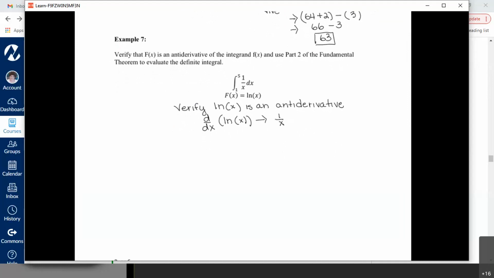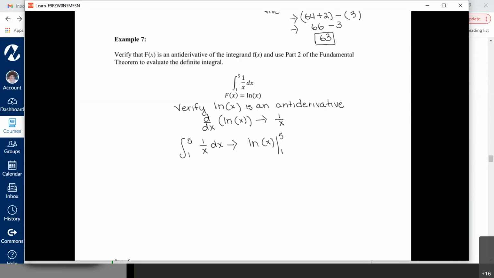Then what I want to do is actually evaluate the definite integral. So the definite integral from 1 to 5 of 1 over x dx. What is that? It's the antiderivative, ln of x, evaluated from 1 to 5.